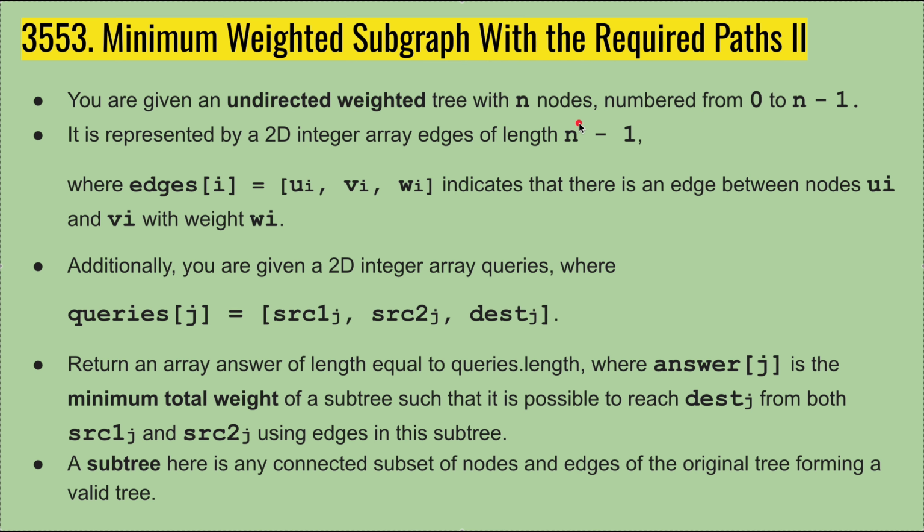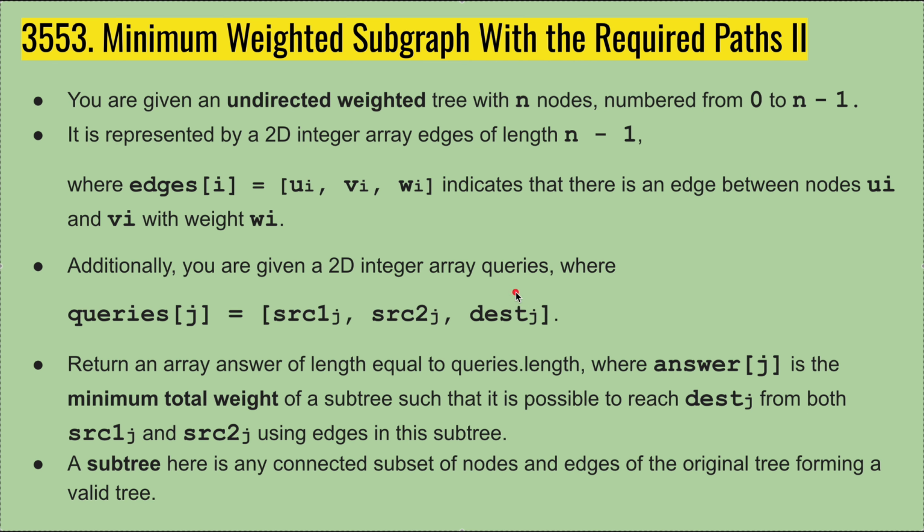Exactly n minus 1 edges for n nodes means there is no cycle, first of all. For each query we get three nodes: source 1, source 2, and the destination. And our task is to return the minimum weight of a subtree that lets both source 1 and source 2 reach the destination.